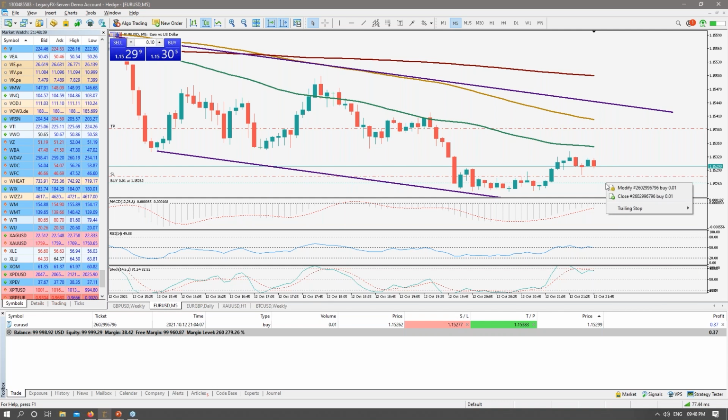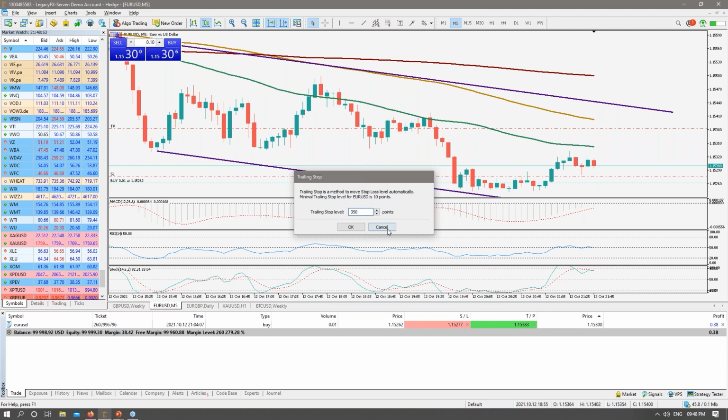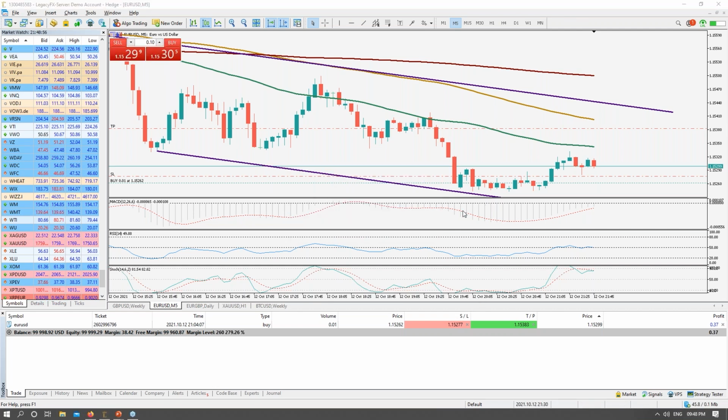You would basically right click your entry, trailing stop, custom, and then in points, you would make it 350. Then your trailing stop will be 35 pips. You just take the last digit off because this calculates in points, but we don't use the micro pip in retail trading. I hope that answers your question, Renee.